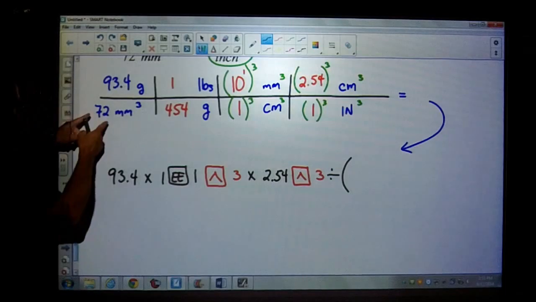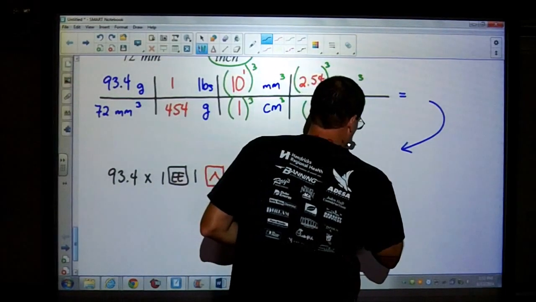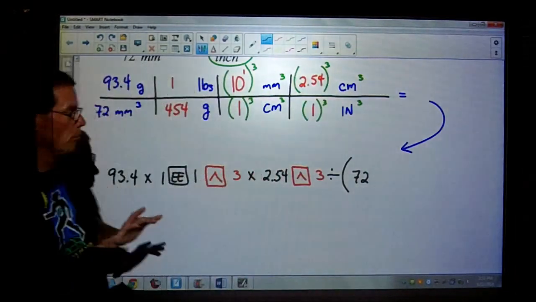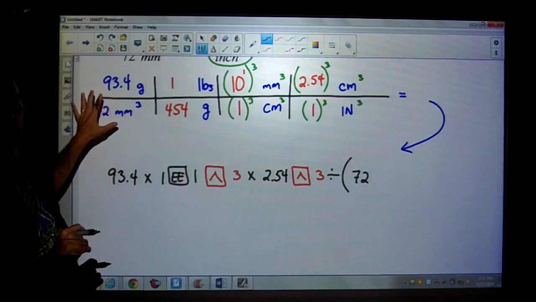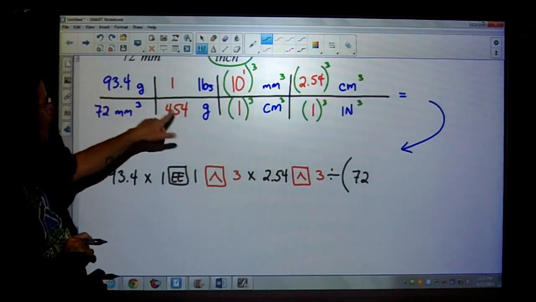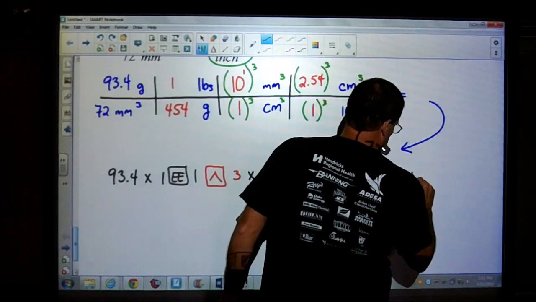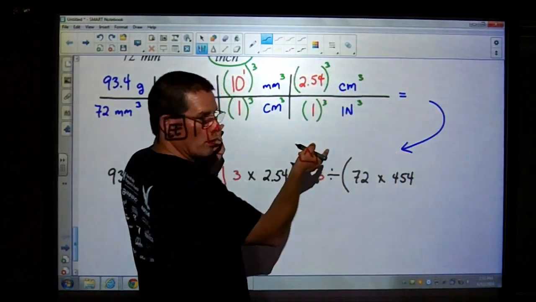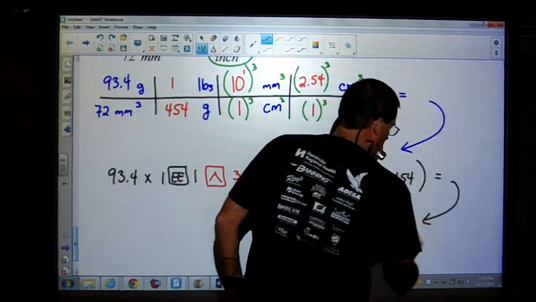If I'm giving you a value like this, leave it alone. So it's actually just 72. Yes, the unit is already taken care of. This value's already been taken care of, so don't mess with it. Times 454. And times 1 cubed still means 1.